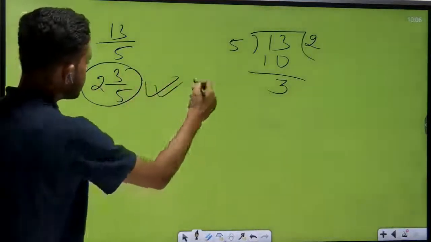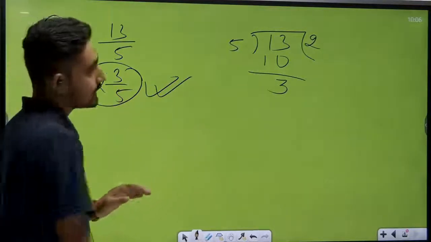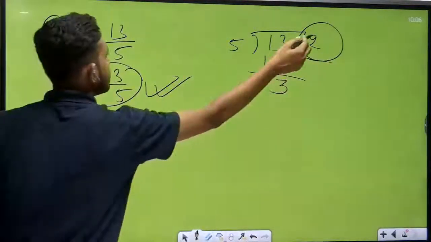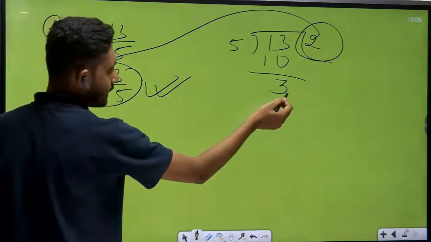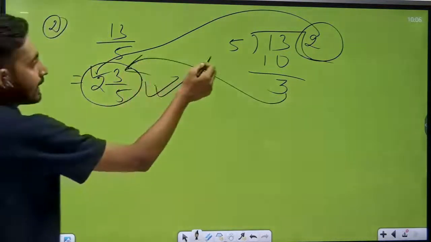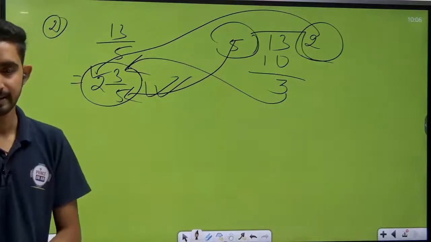So the answer will be 2 and 3 upon 5. Yes, that is the correct answer. 2 and 3 upon 5. Okay, understood? This quotient you have to write down here. This remainder you have to write down as a numerator, and this divisor you have to write down as a denominator. That is the correct answer. Okay, very easy, very good.